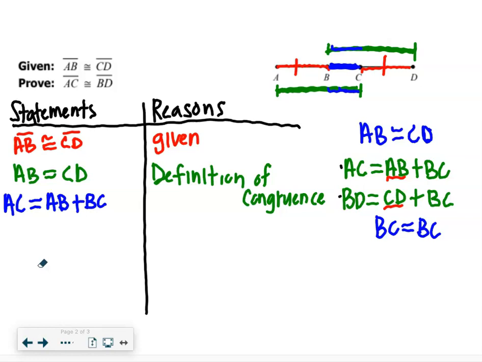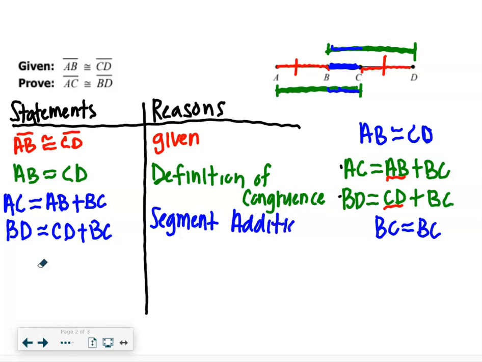And what makes up BD? What two chunks? CD plus BC. And that's segment addition. Perfect.